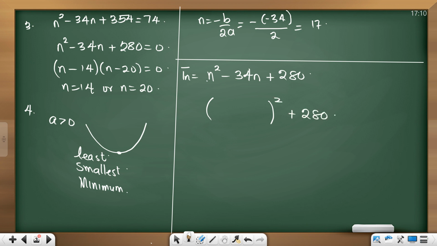Put your 280 there. Very simple. This is Tn. Now you take this and divide it by 2. That is the negative b over 2. What is negative 34 divided by 2? Already that's our turning point. That's 17 is the turning point there. Then here, you come here, you square and subtract.